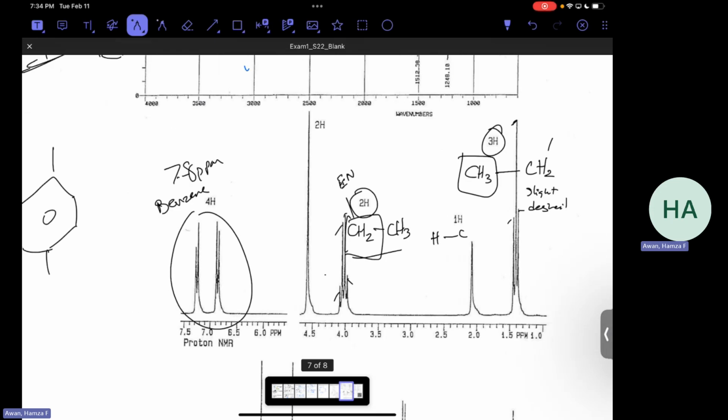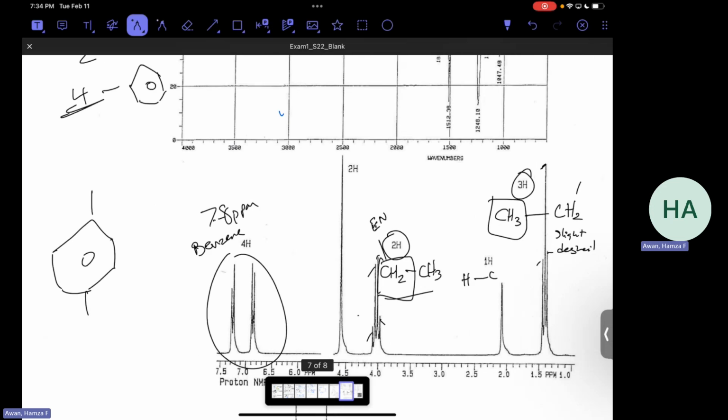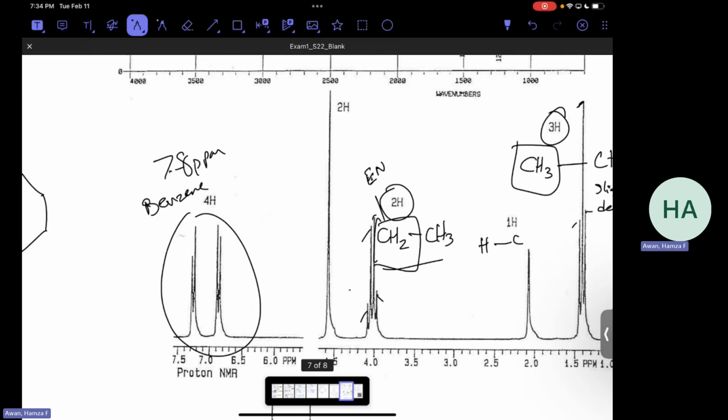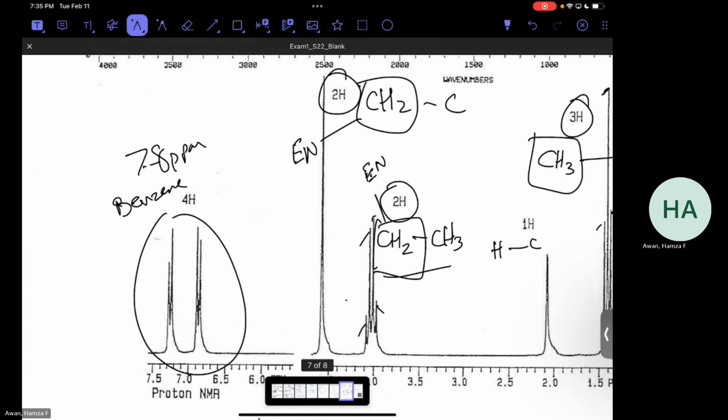So we found 2 of our carbons already, right? We have 6 carbons in the benzene ring, and then we found 2 carbons, and we only have 1 left, right? And then this last one, we have this 2H peak, so CH2, looking at no carbons. So looking at C, if you think about it, this is very downfield, so it has to be connected to an electronegative atom, right? But that electronegative atom doesn't have any hydrogens on it either, so no hydrogens. Or actually, it could. I don't know.